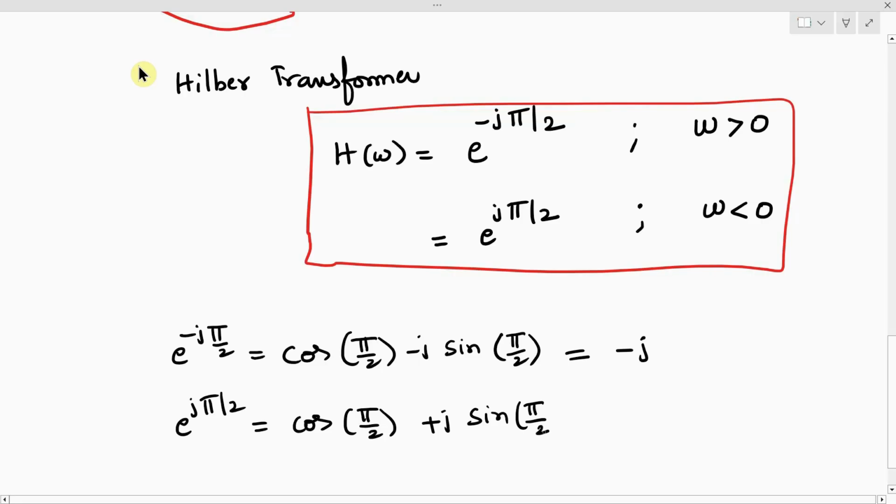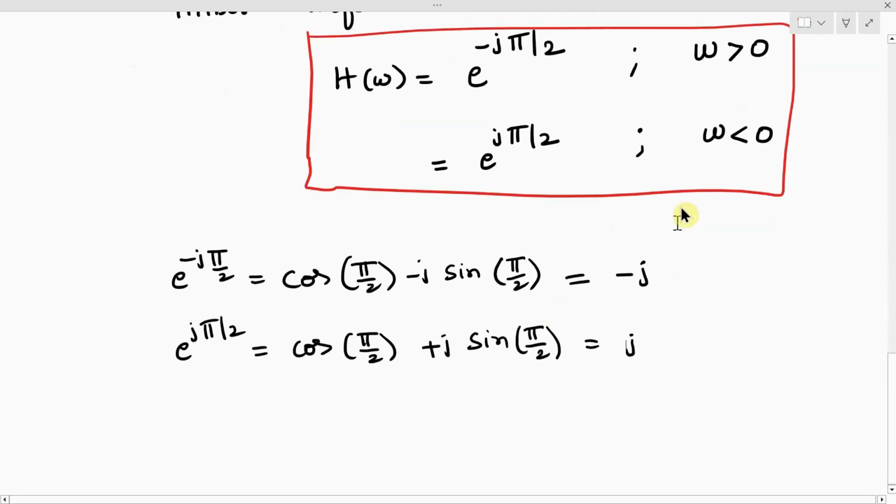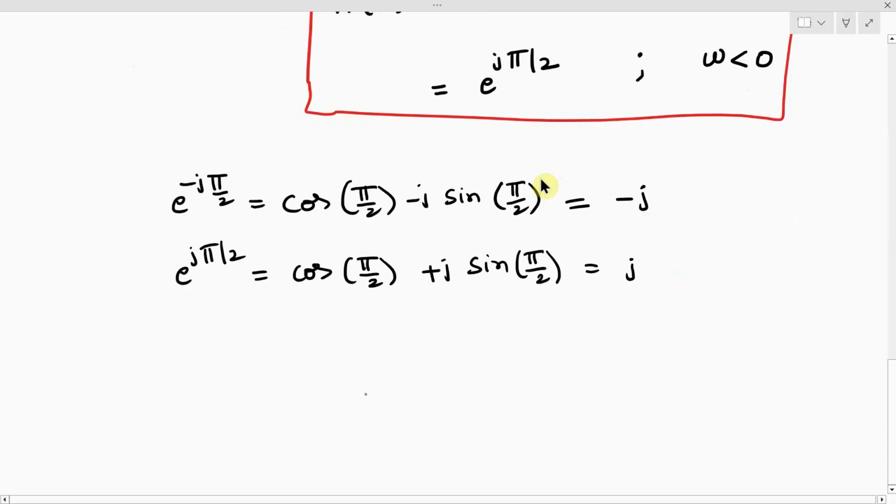Right, it is j. So what I am doing is, instead of having two definitions for positive frequencies and negative frequencies, I am representing this with a single definition. It is H of omega equal to minus j signum function of omega.